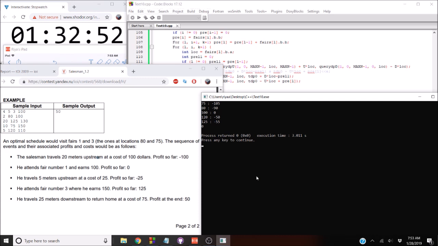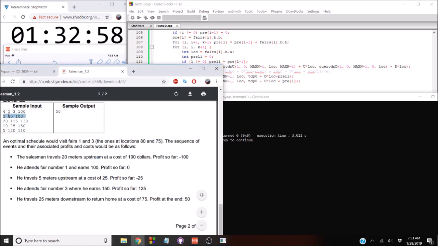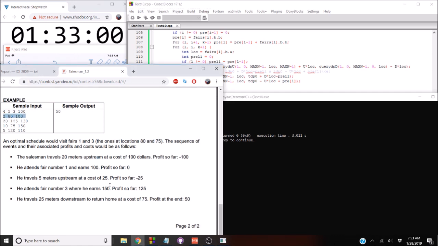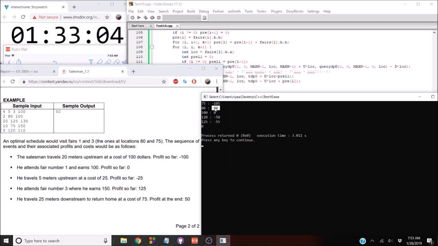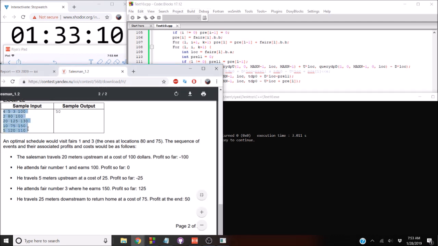Okay, he attends fair number 1. Fair number 1 is at location 80. It earns $100. Profit so far is 0. But at location 80, it says negative 90. Oh wait, I changed this.